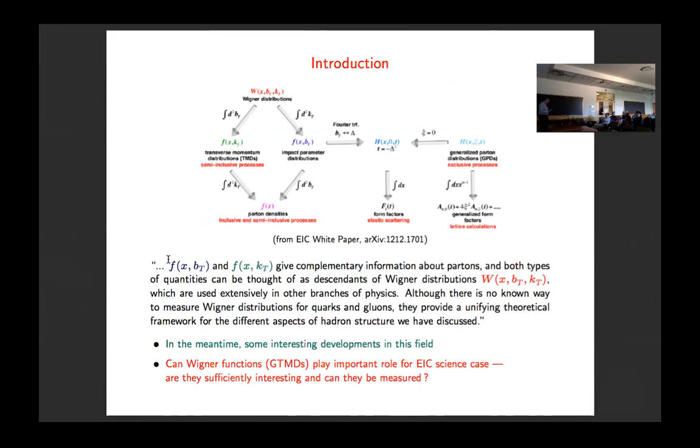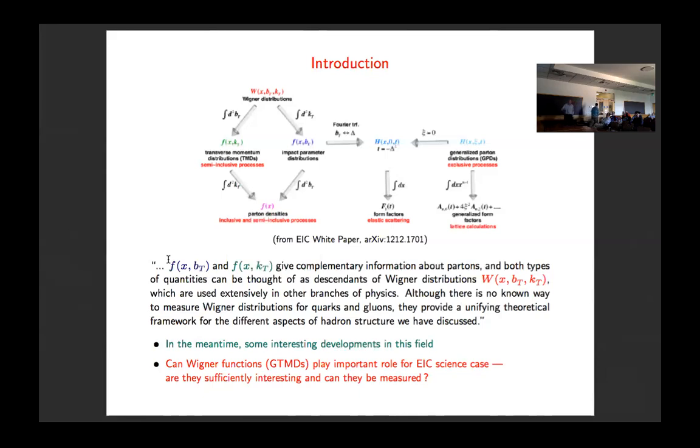That's it, text-wise. And I think it's fair to say, in the meantime, a few interesting things happened in this field. And I think related to the ongoing program here at the INT, the key question is, can Wigner functions or their Fourier transform GTMDs play an important role for the EIC science case?